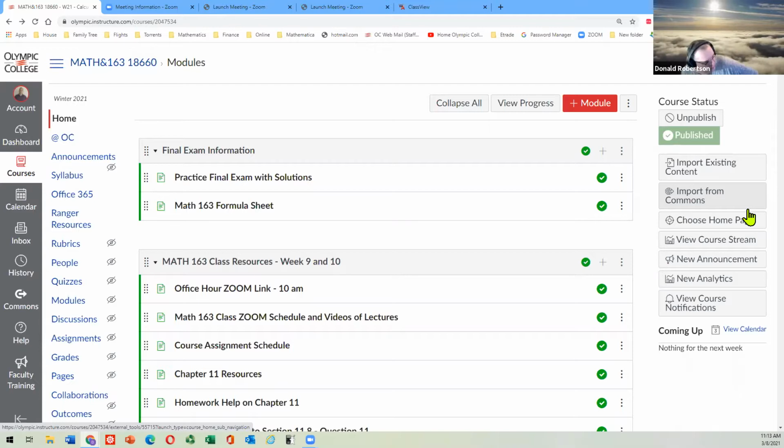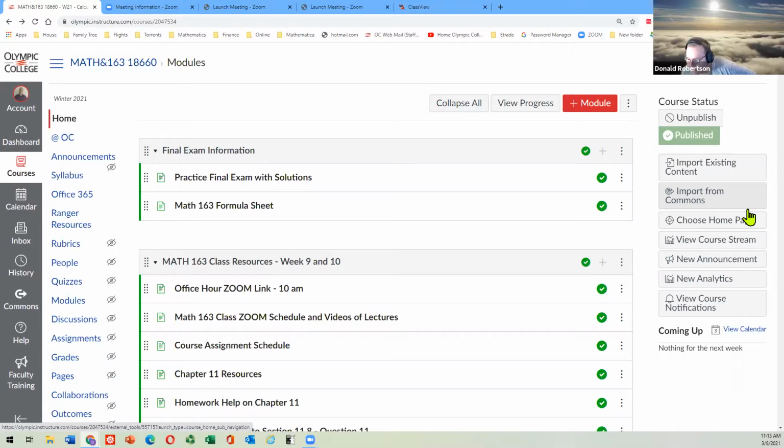And the final exam information will only have the formula sheet, the Canvas page that has the test in it, the PDF, so you can see what the questions are, and a link to upload your answers into Canvas.